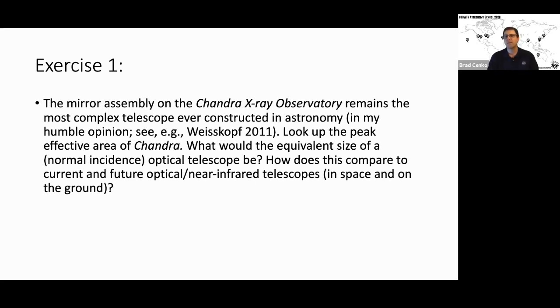So basically you're comparing how much effective area, which is directly related to how much sensitivity a telescope has, the most powerful X-ray telescope, which costs more than $1 billion, has, and see how that compares to what's currently being done by optical and near-infrared telescopes because of the difference between grazing incidence and normal incidence optics. So I'll pause for a moment there, let you take a look at that, and then come back to the lecture slides in just a moment.